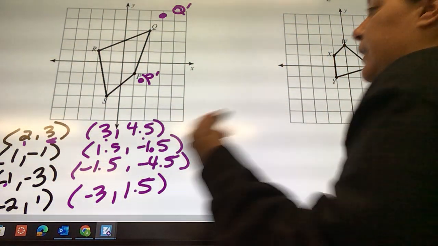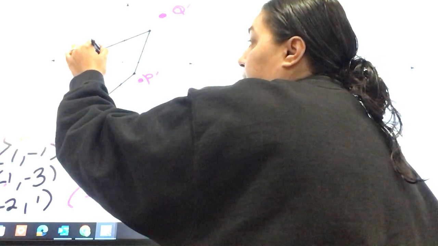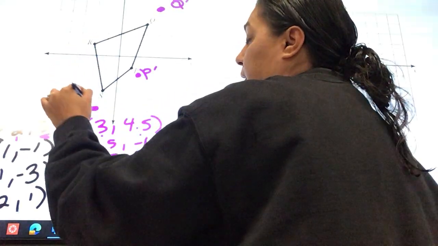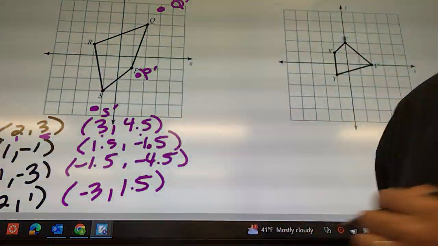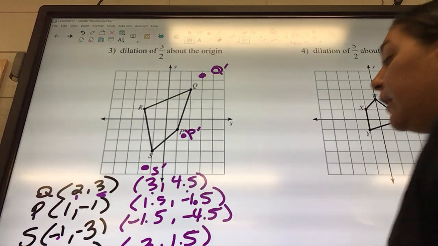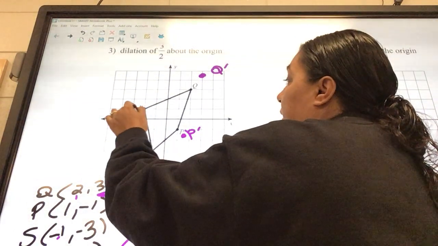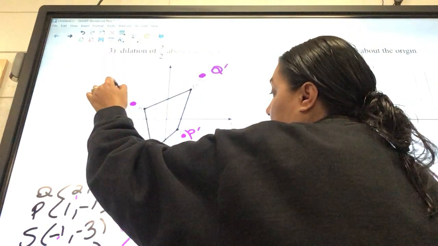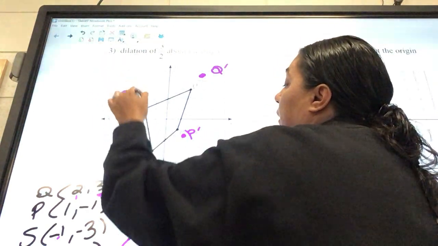S is going to be left 1.5, and then down 4.5. 1, 2, 3, 4.5. And then it's going to be negative 3 and 1.5. Not P, R, sorry, R prime.